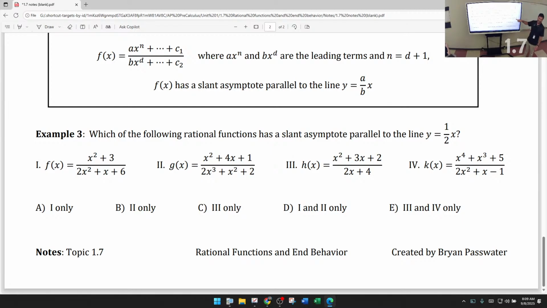Oblique asymptote, I can't say oblique because it's not oblique, it's weird. So the only one that does is 3, and that's parallel to 1/2 because the coefficient here is a 1 and the coefficient here is a 2, and that's 1/2. So this one has an oblique asymptote that's parallel to that line. First one doesn't have one parallel at all. I mean, it's horizontal. That one's horizontal. This one's not even oblique. Y'all okay with that? Good.